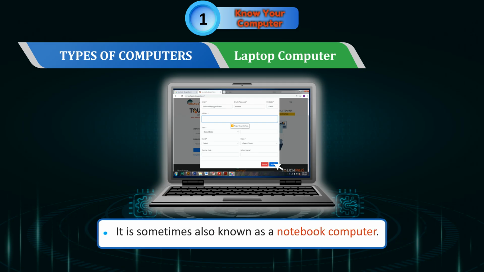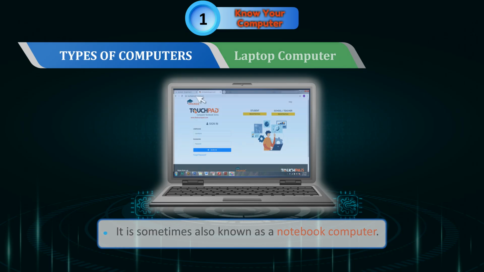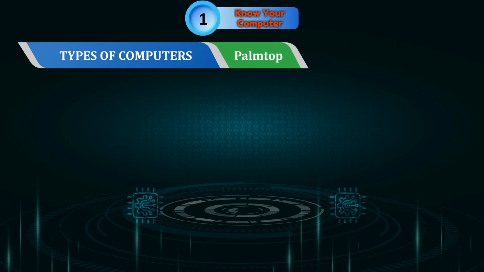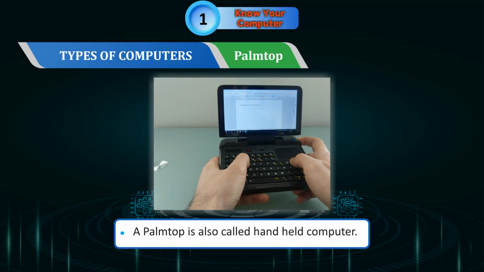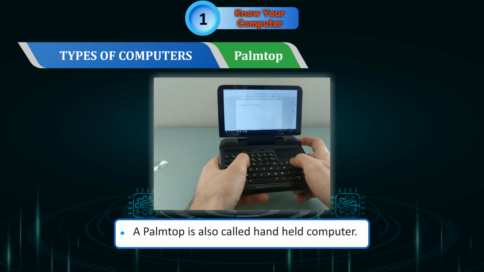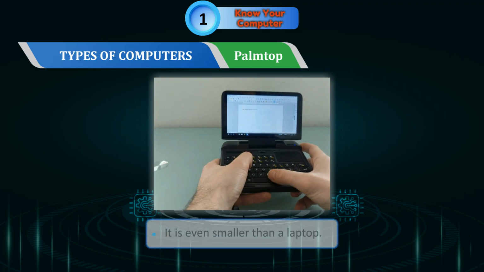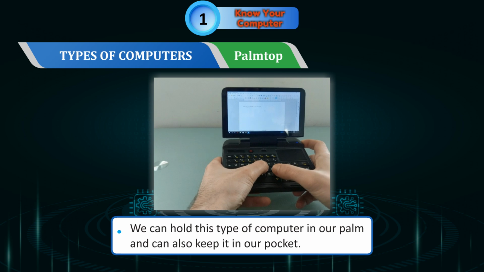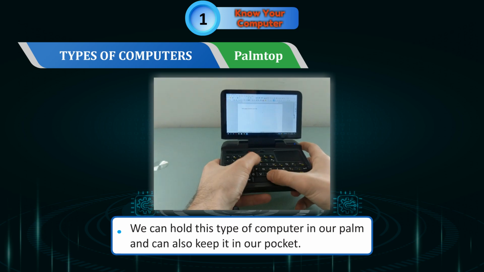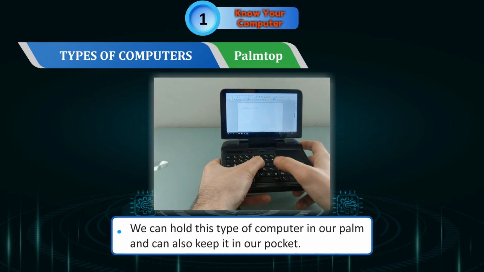It is sometimes also known as a notebook computer. Palm top. A palm top is also called a handheld computer. It is even smaller than a laptop. We can hold this type of computer in our palm and can also keep it in our pocket.